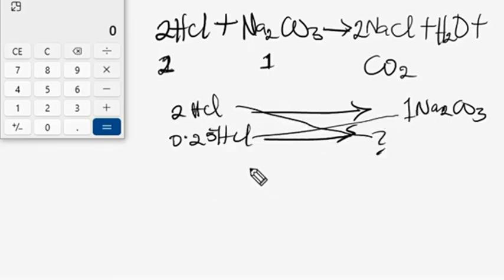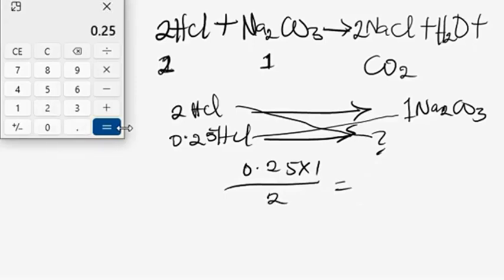So we have 0.25 times 1 over 2. So this will give us 0.25 over 2. That's 0.125. So now we've gotten the number of moles of sodium trioxocarbonate.